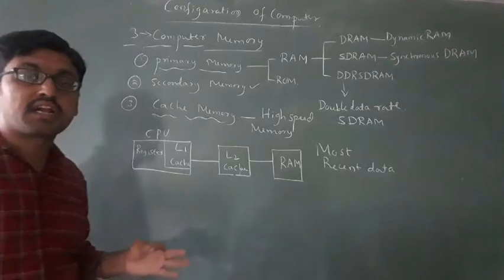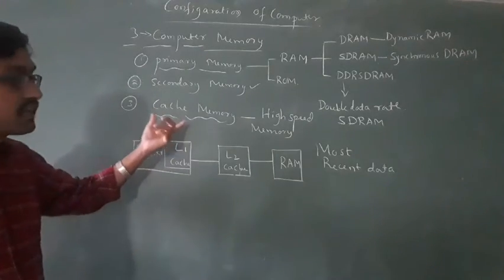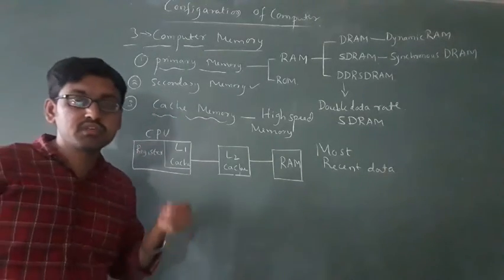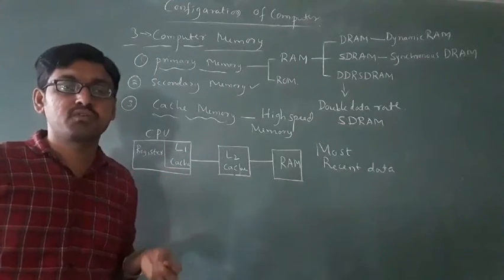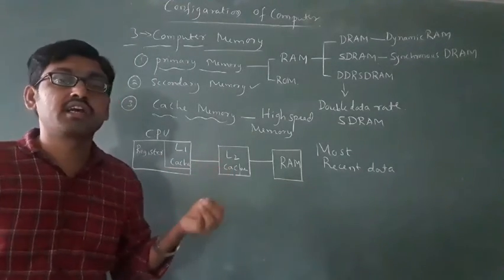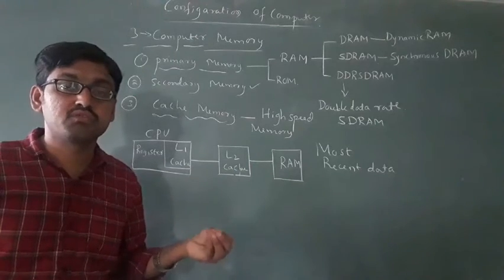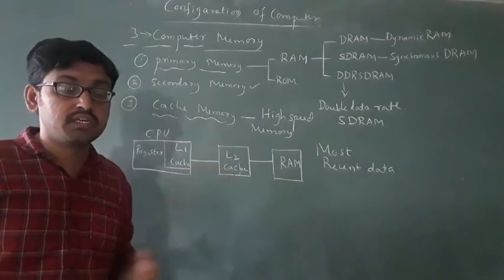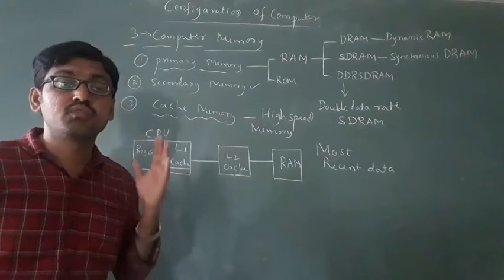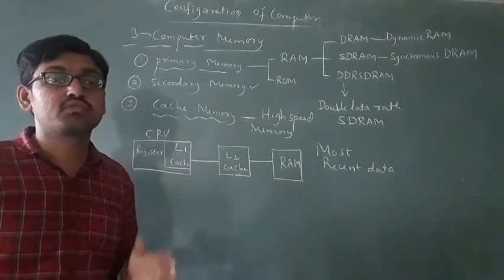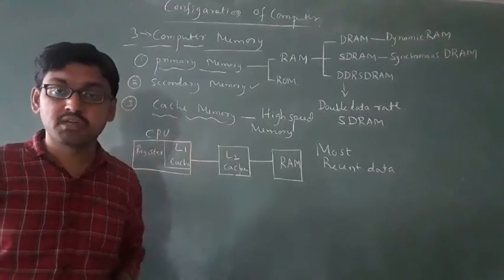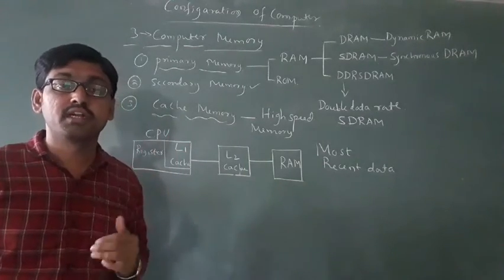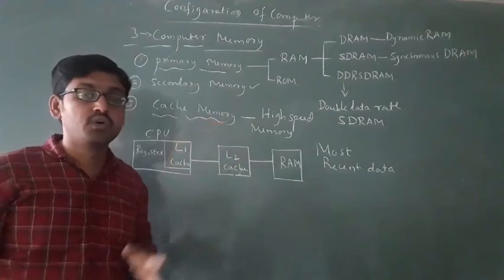Most recent data and instructions can be stored by this cache memory. In examination they will ask what is the use of cache memory. It stores most recent data. This is a 1 mark question already asked many times. You have to remember this.